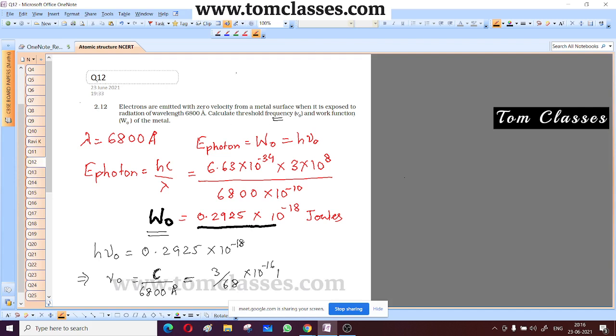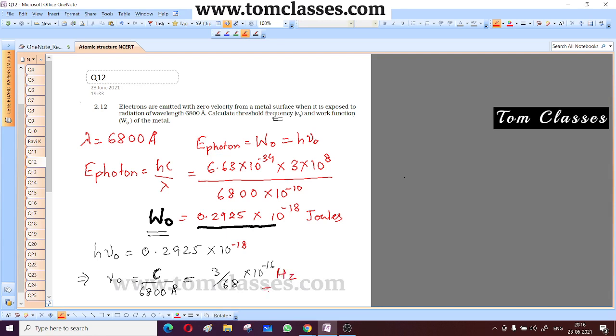Can you calculate 3 by 68 for me? Yeah, so this much hertz.